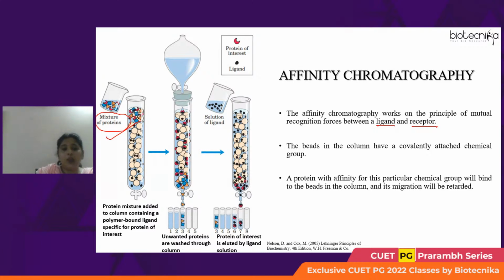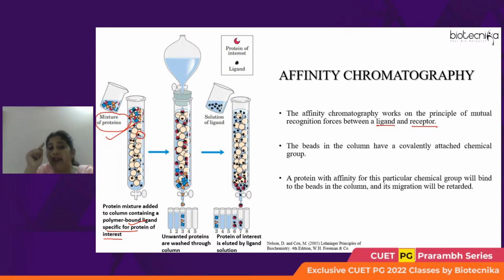You will prepare a column, and in the column you will add a polymer-bound ligand specific for the protein of interest. The stationary phase is made up of a polymer to which the ligands are attached. When you add the mixture of proteins, the protein specific to the ligands will bind.